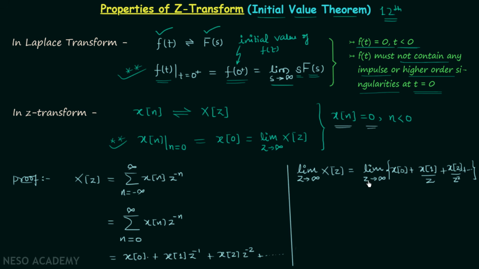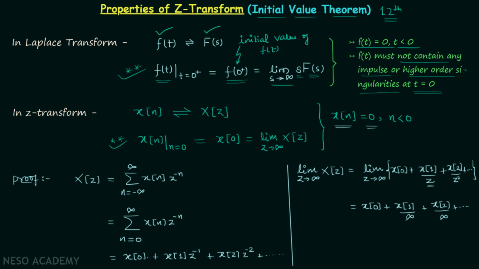Now when you put the limit z tending to infinity on the right hand side, you will have x[0] plus x[1] over infinity. In place of z we will put infinity, plus x[2] over infinity square, which is infinity, and so on.